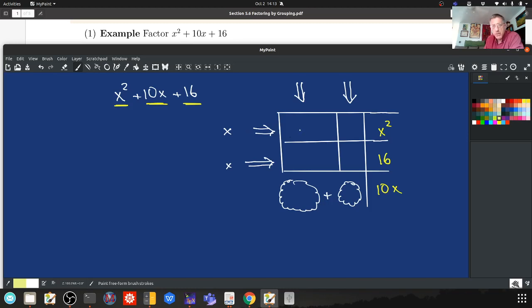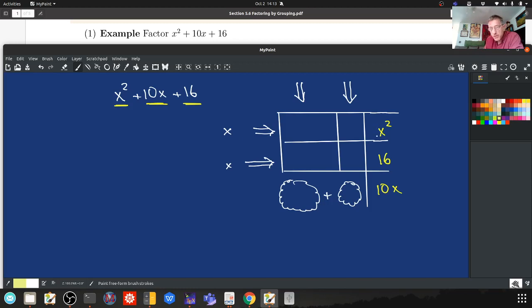So the first thing I have to do is put 2 variable terms here that, when I multiply them together, get me x squared. Since they have to be variable terms, I only have one choice.